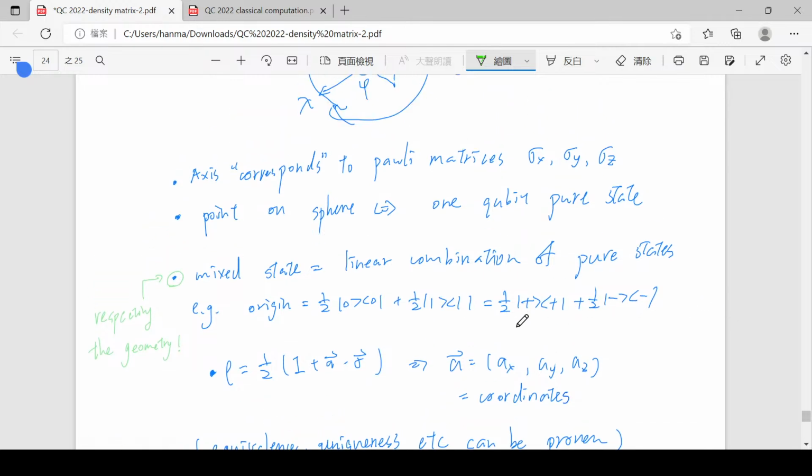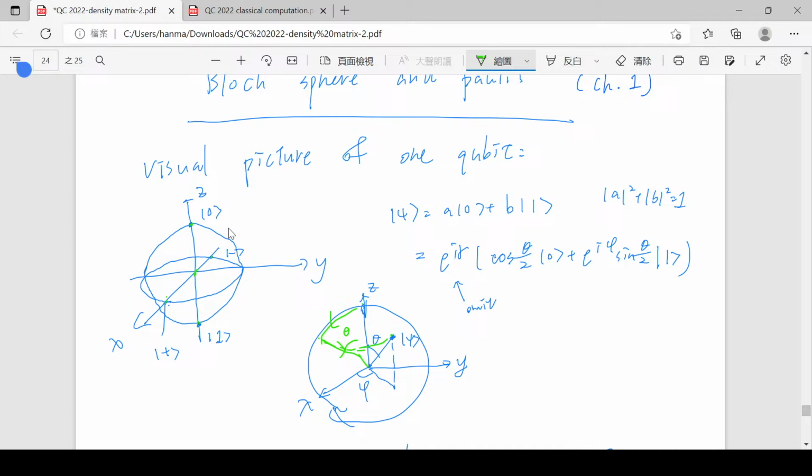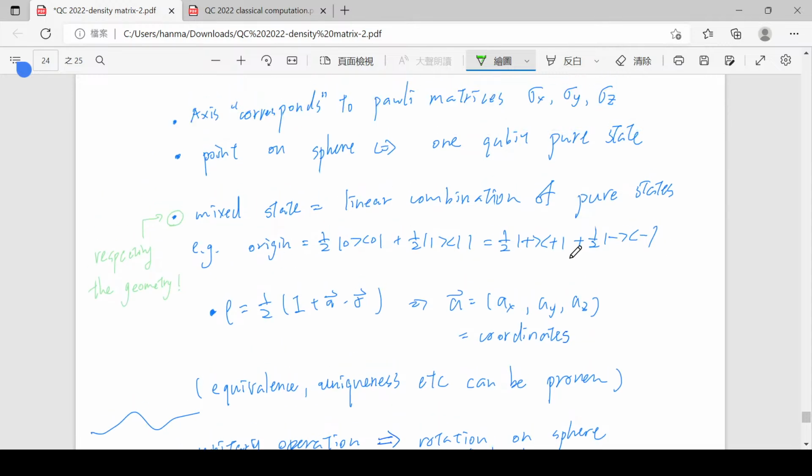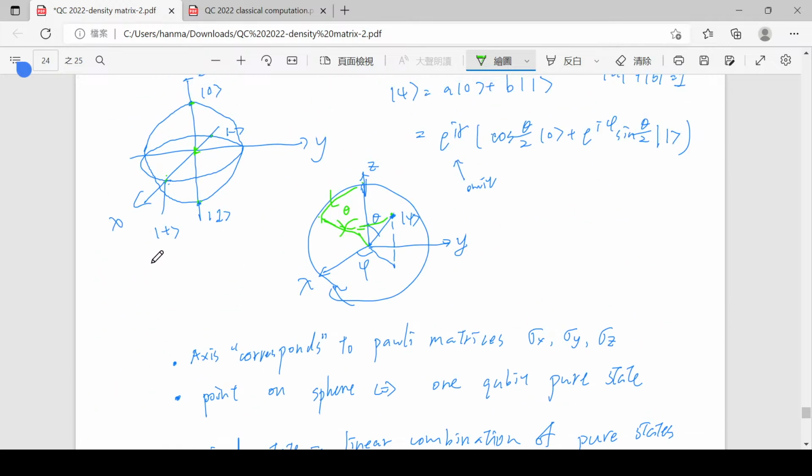And it's also equal to 1/2 of this 0 and 1/2 of this 1. That nicely corresponds to the totally mixed state, equal to 1/2 of identity. So that's really cool. And for all other points, say you have 1/2 of this plus and 1/2 of this 0, then it will correspond to a mixed state, something in the middle here.